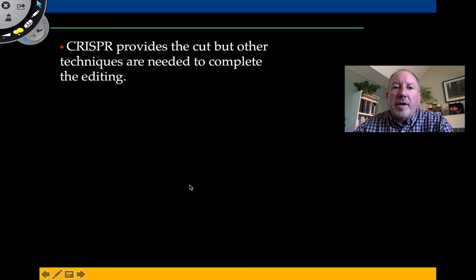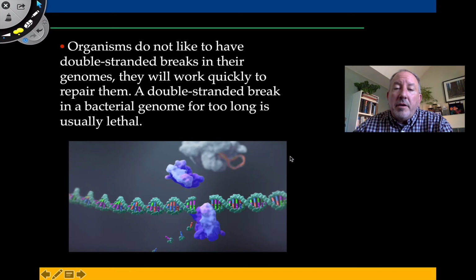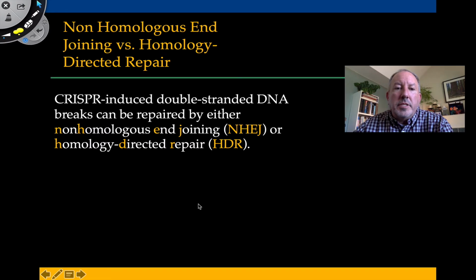And so CRISPR provides the cut, but there are other enzymes involved in the repair process. As I was saying, they don't like to have double-stranded breaks in their DNA, and a double-stranded break in a bacterial genome for too long is usually lethal. So when there's a break, repair enzymes come in and try to put in some nucleotides.